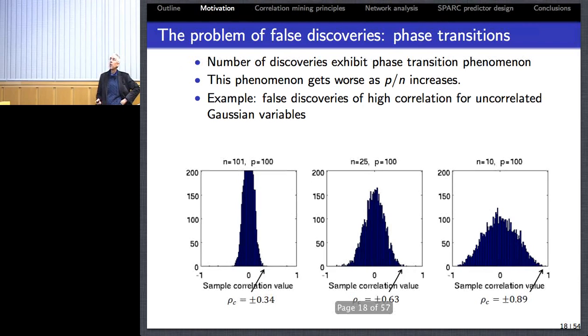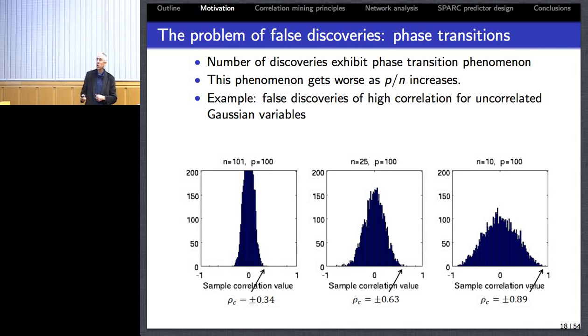And the theory that we developed specifies exactly where these phase transitions occur under very weak assumptions. Basically, the assumptions are that everything isn't fully connected. These networks that I was showing you before are only on the order of p edges, not on the order of p squared, which would be a totally connected network where everything was correlated with everything else.